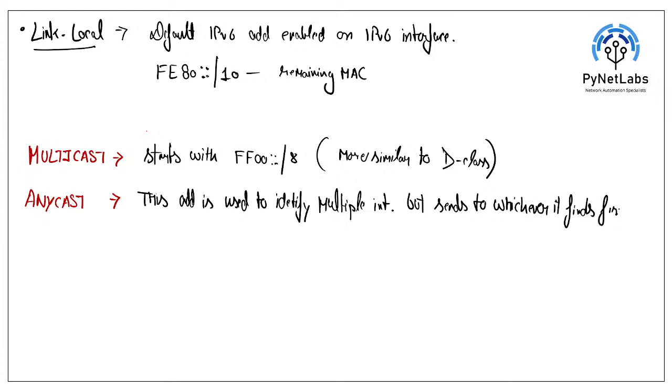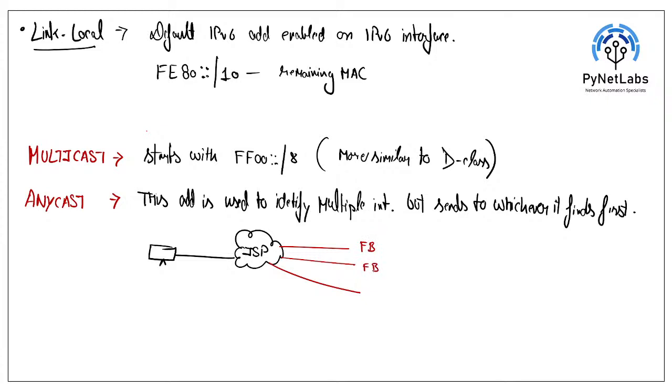What I mean by this statement is, let's say you are using this computer, connected to some internet service provider, and there are various public servers. Let's say you're browsing Facebook, and these are multiple Facebook public servers on the internet.